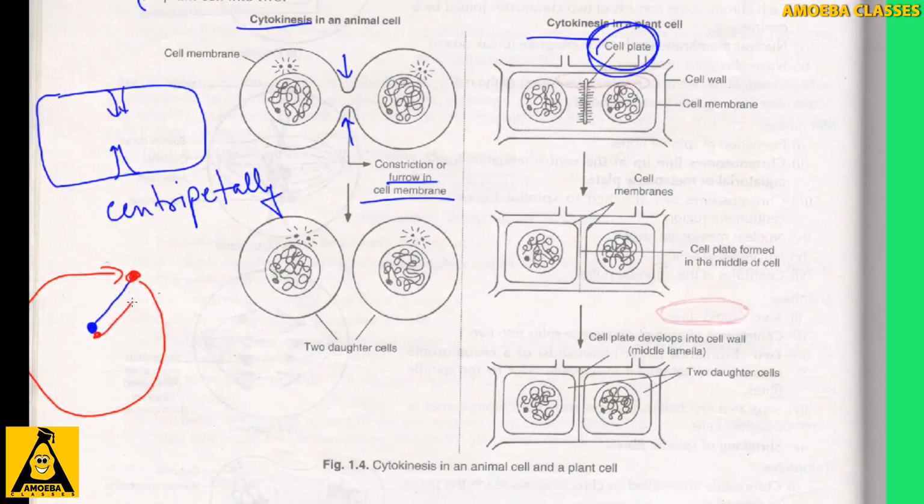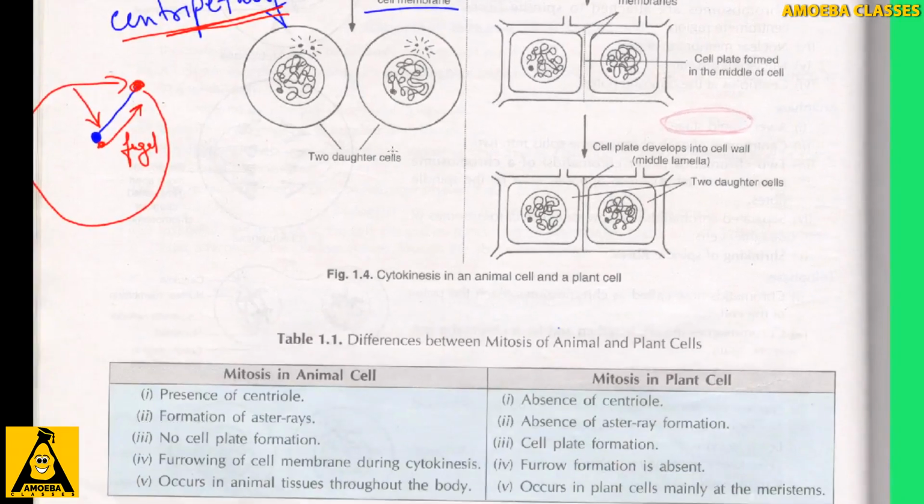From your hand towards the periphery, the centrifugal force acts, and from the periphery towards the center, the centripetal force. So over here, the force is acting from the periphery towards the center, due to which the furrow formation is taking place. That means the force is centripetal. In the cell plate, what is happening? From the center, the cell plate is moving towards the periphery, so it is centrifugal. I hope you understood. The rest you will understand in physics.